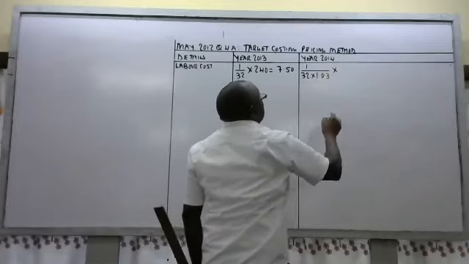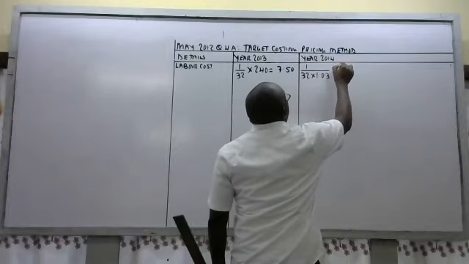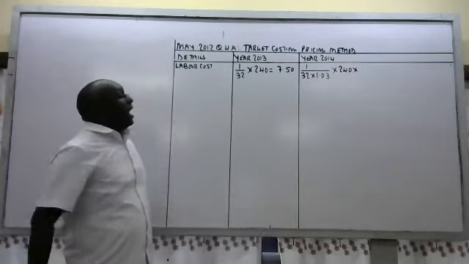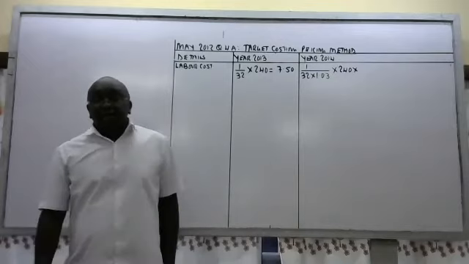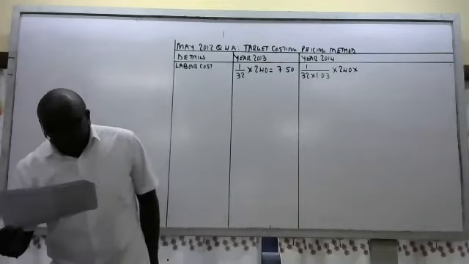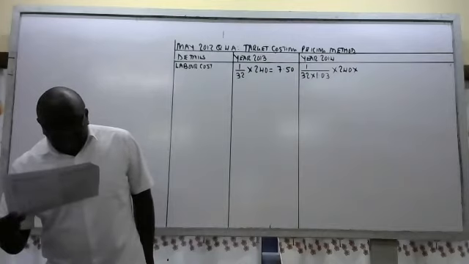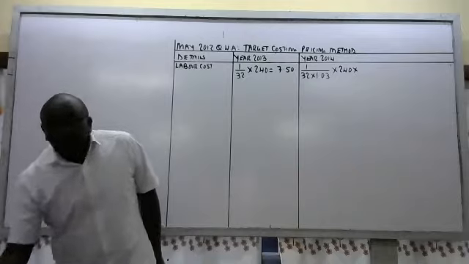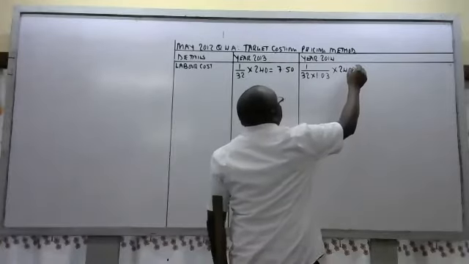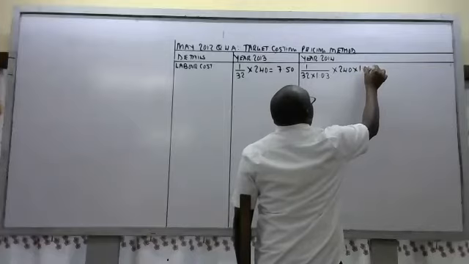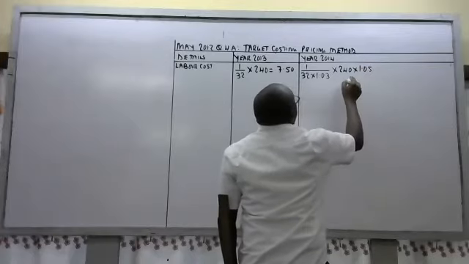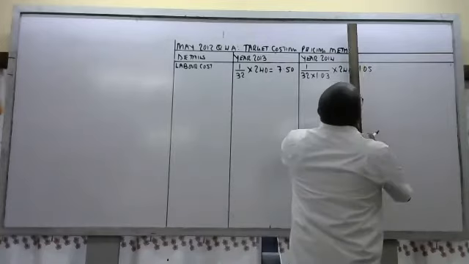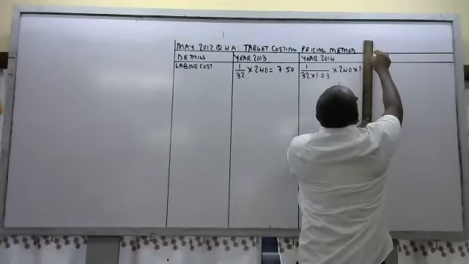Then you say times 240, multiplied by, the labor rate is increasing by 5%, so multiplied by 1.05. My space will not be enough, I need to come down here.